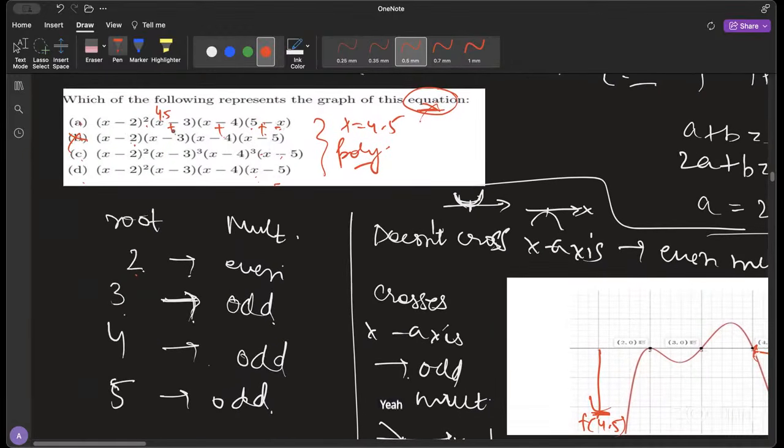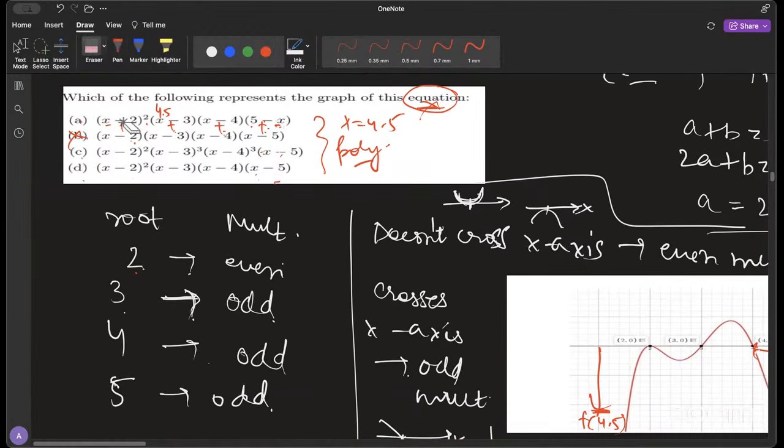So we're getting positive, positive, and positive. And the squared term is already positive. You don't have to check even power terms because they're always positive no matter what you substitute for x. So when you substitute 4.5 in option A, you get a positive value.